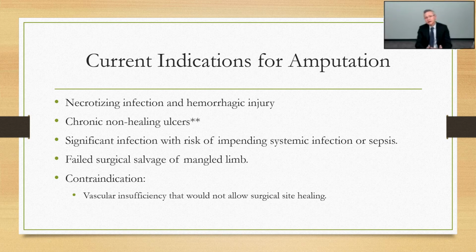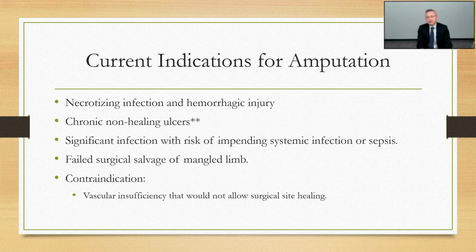But the other category of amputation indication is, as you see on item number 2 on your slide there, chronic non-healing ulcer. All right, that's what we see with PAD. And in many places in the country, this is still a standard accepted indication for leg amputation, which I think will become less and less accepted by today's standard. And item number 3 is just when that ulcer becomes infected.